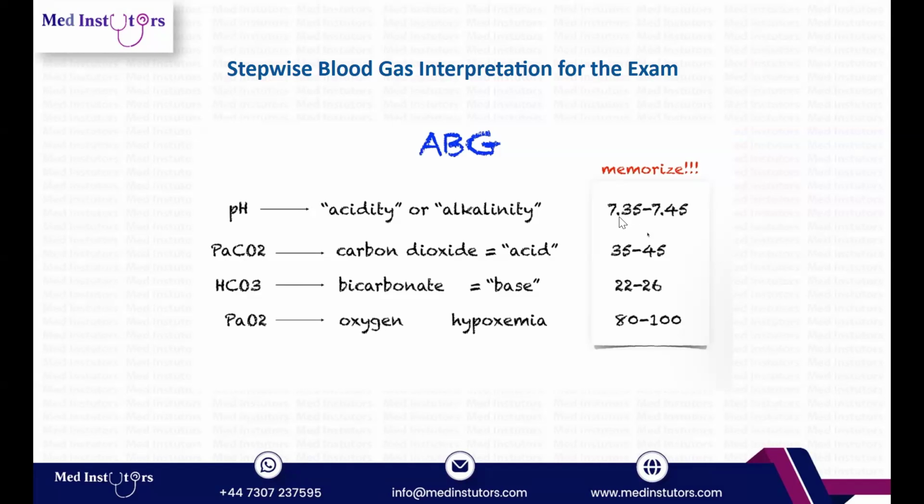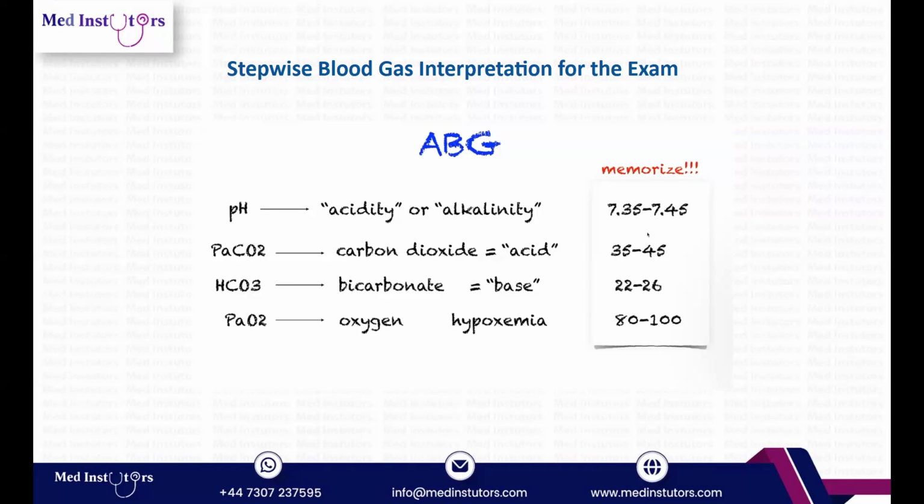If your pH is less than 7.35, that means the blood is acidic. And if it is more than 7.45, that means the blood is on the alkaline side. So, for example, if the pH in your question is 7.25, that means it is acidosis. So now I have the idea that I'm going to interpret something related to acidosis. So one job is done.